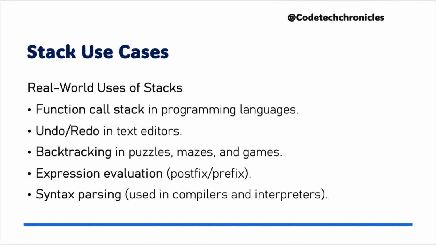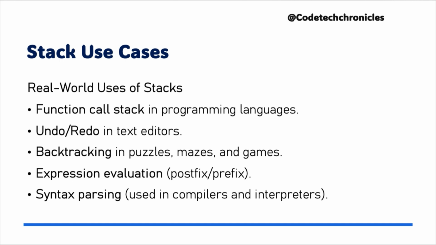Some use cases of stack. Stacks appear in real life more than we realize. In computer science, they play crucial roles such as the function call stack. When a function calls another, the return address is stored in the stack. Undo redo in editors: every action is pushed onto a stack so you can backtrack easily.